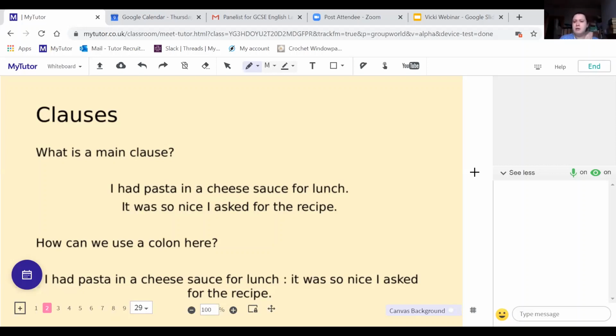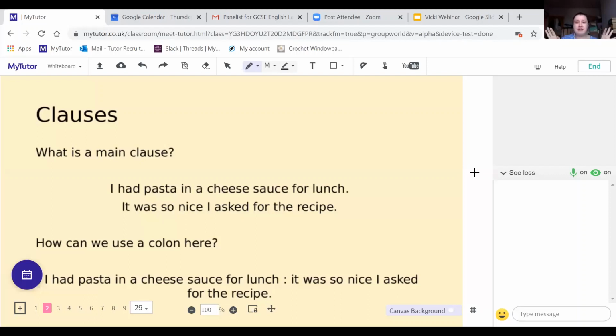So, main clauses, these are clauses that can stand by themselves. We can chop bits up and they stand by themselves and they make grammatical sense. So, I've got a couple of examples there. I had pasta and a cheese sauce for lunch and it was so nice I asked for the recipe.